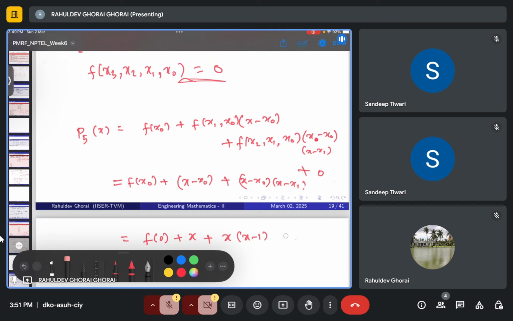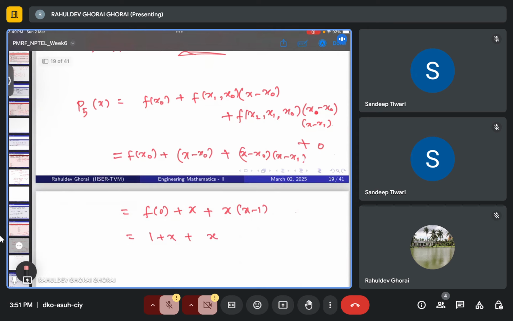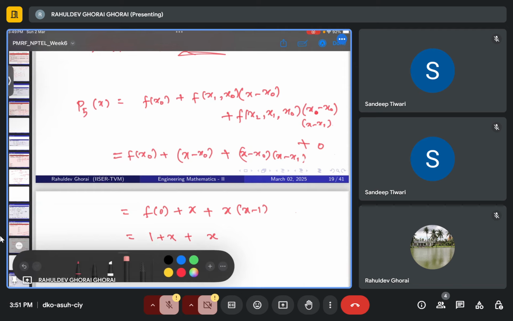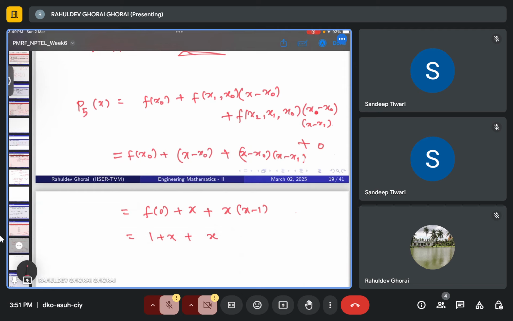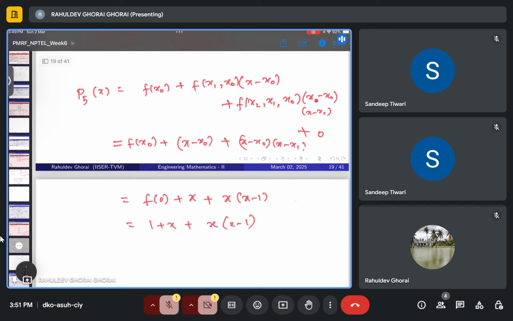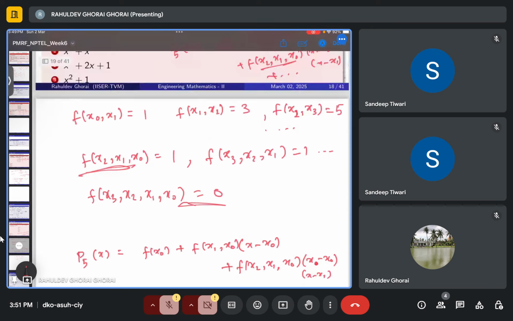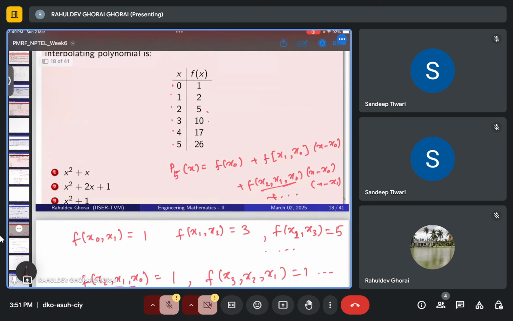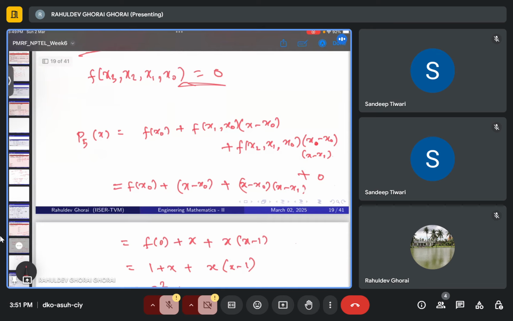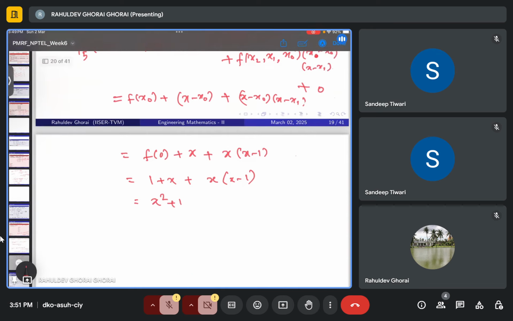It is (x minus x1), so x times (x minus 1). Yes, see, the formula was here, this is correct. On one side this was (x minus x2), so that won't be there. So then you get x squared plus 1.